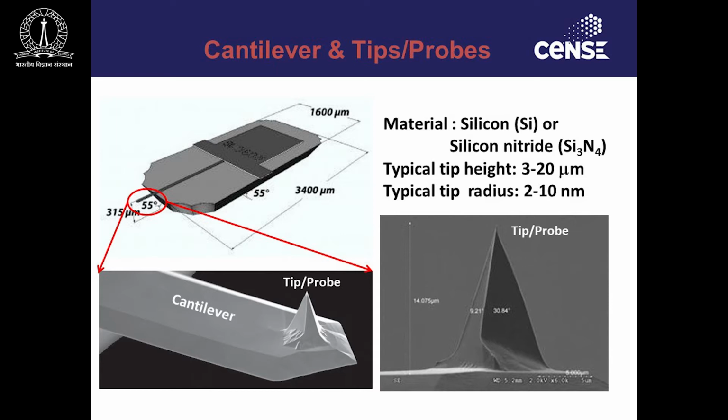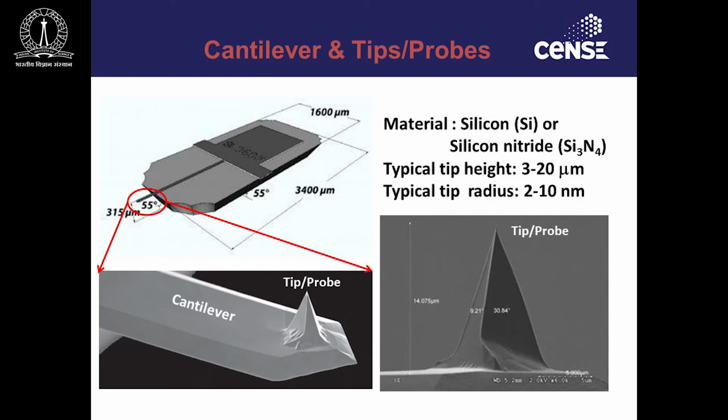This cantilever is this, and this tip over here, which we cannot see here, is this. These tips can have pyramidal shapes, tetrahedral shapes, or even conical shapes. Or you can even imagine a carbon nanotube sitting at the end of the cantilever, which can also become a tip. This is the more zoomed in image over here.